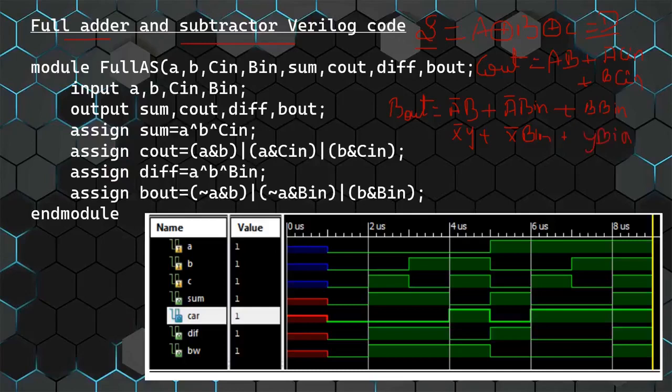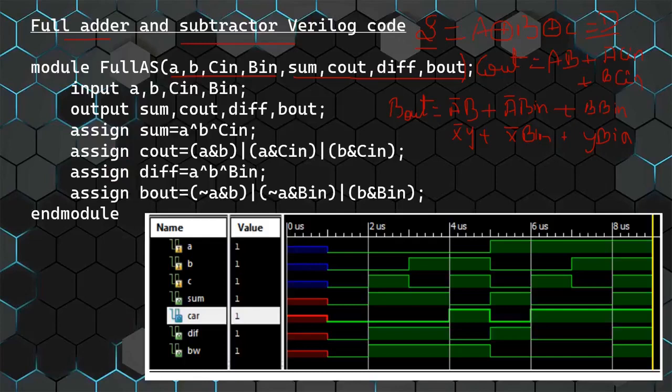So the inputs are A, B, C in, B in, C in for full adder, B in for full subtractor. Then outputs are sum, C out, difference, borrow out.